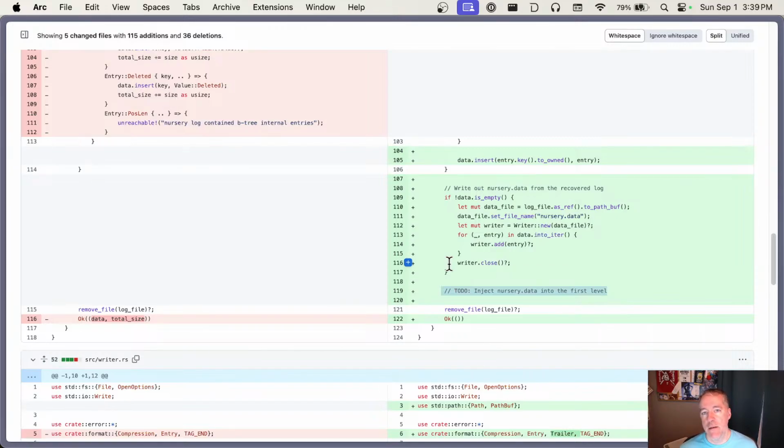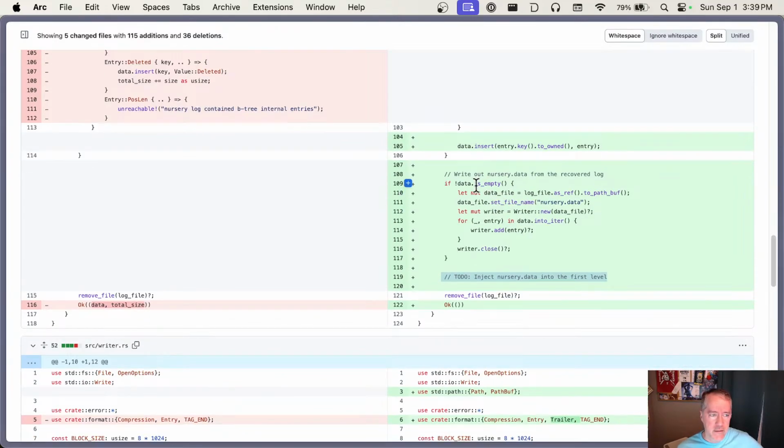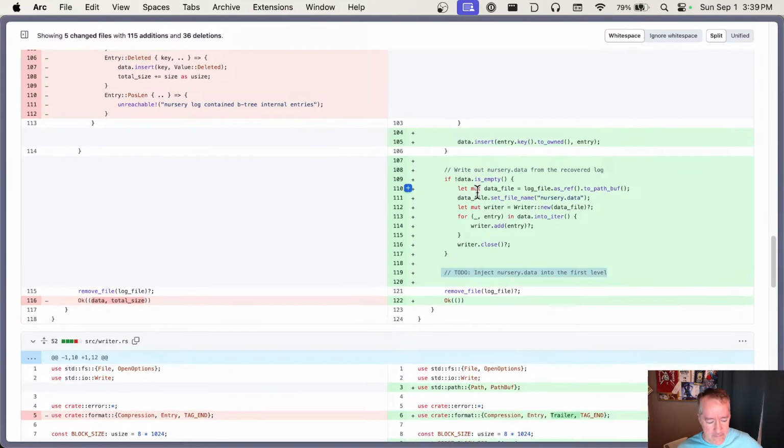Okay, so now we're talking about probably Arc Mutex or Arc RwLock, and it's getting messy already. So we'll need to think about that.